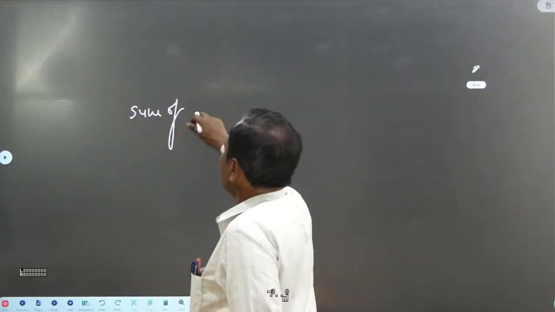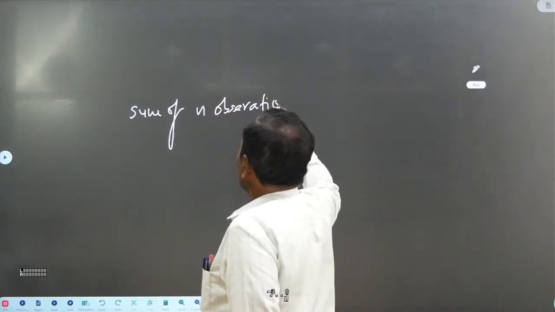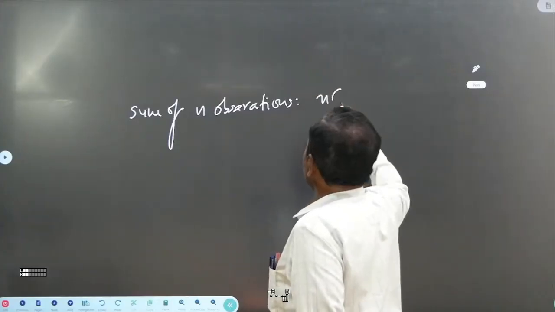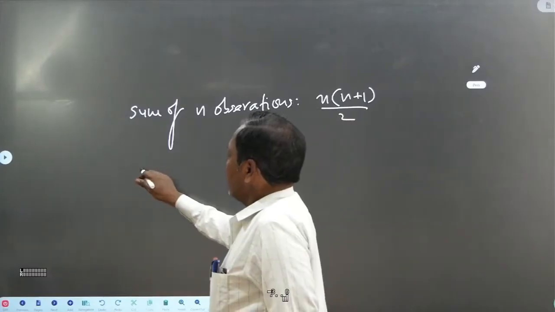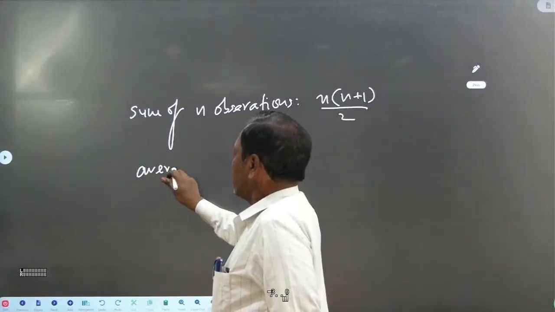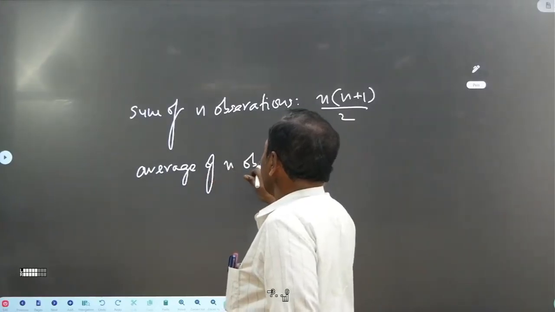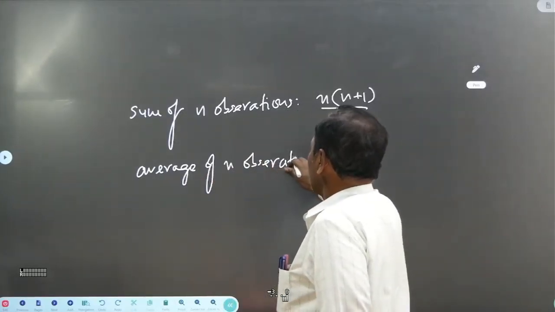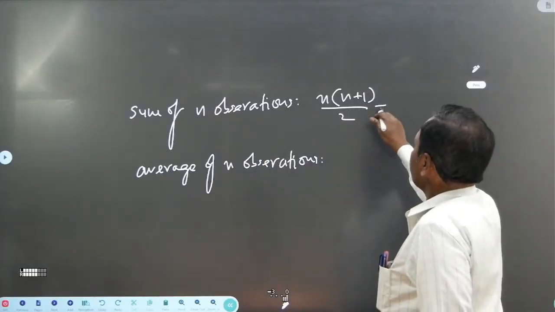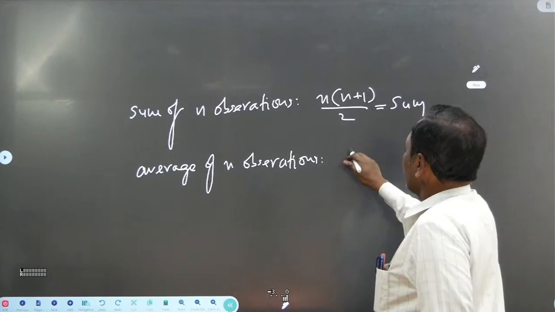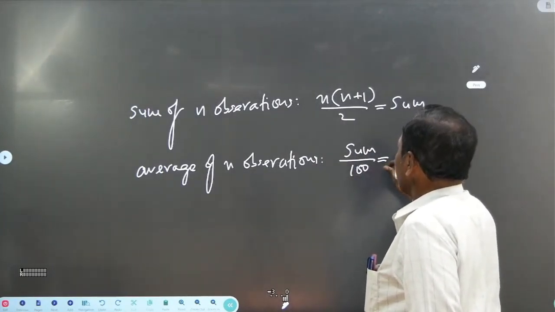Sum of n observations is n into n plus 1 by 2. And the average of n observations is this sum divided by n, so whatever sum you get, divided by 100, you get the average.